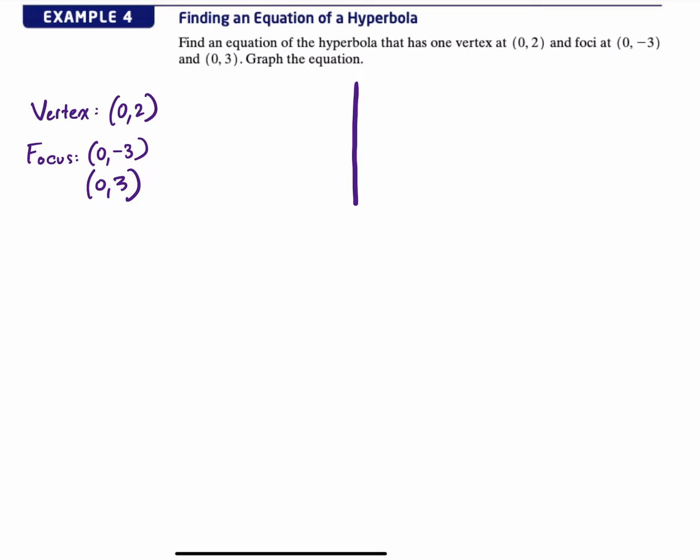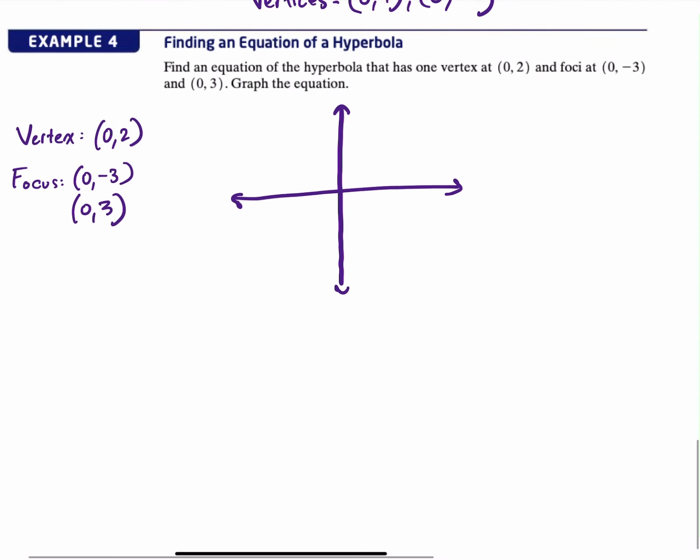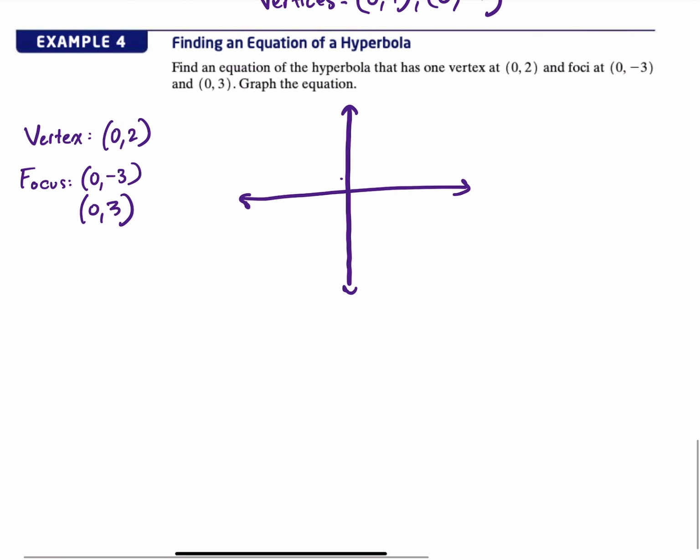So it's helpful to visualize these points. So we have one vertex at 0, 2, so above the x-axis.